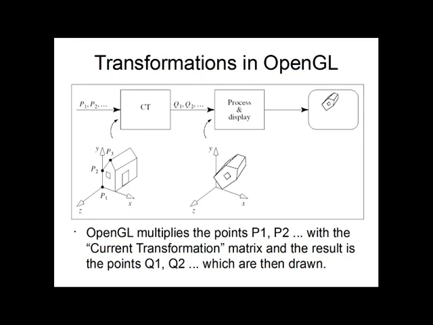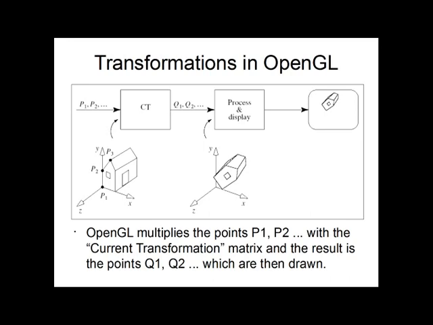We have the points that we send in, the points of the house as it is on the left, where the house has been drawn in the center of its own coordinate system with its bottom left corner in the center and everything else built from that. And those are the points that we're sending into the transformation.